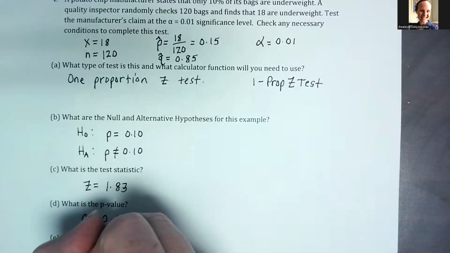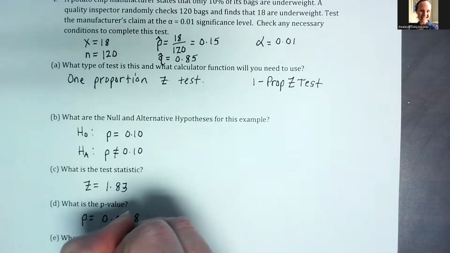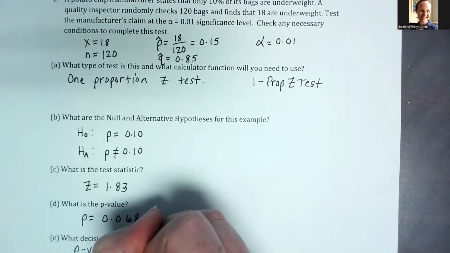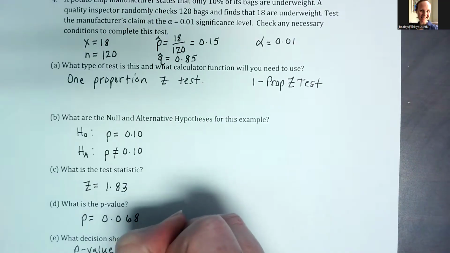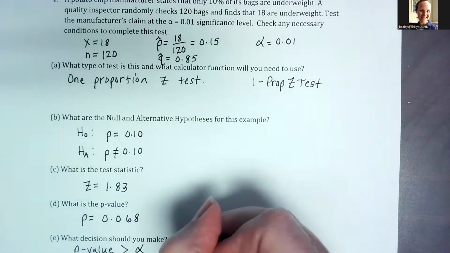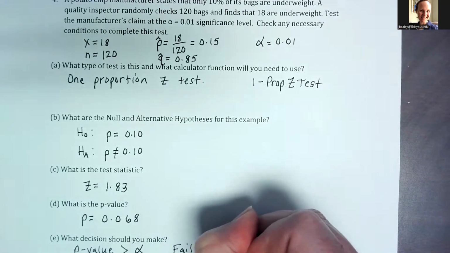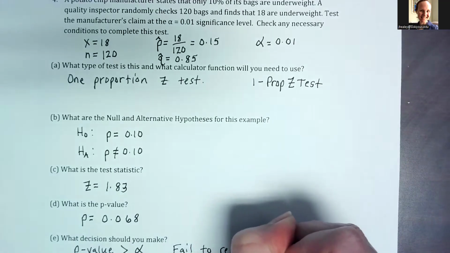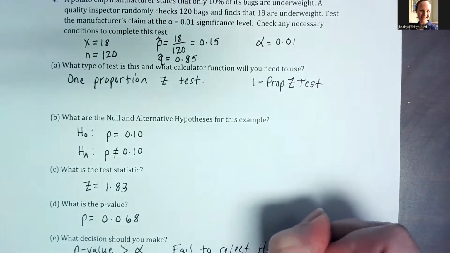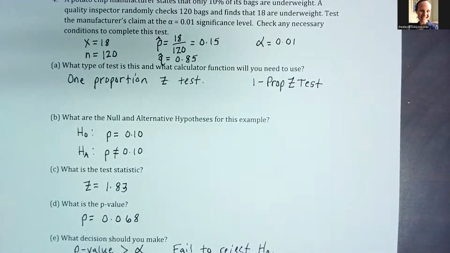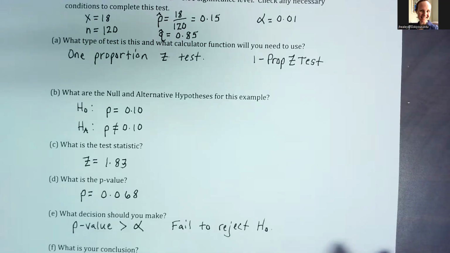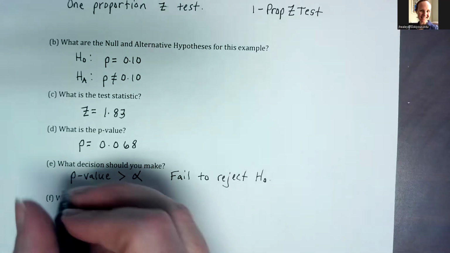So if the p-value is greater than our alpha, this is going to be our first fail to reject the null hypothesis.